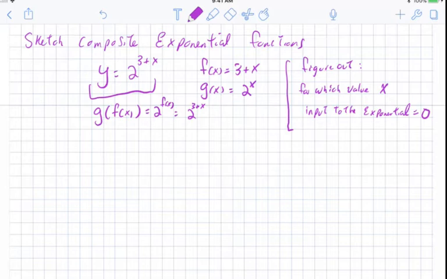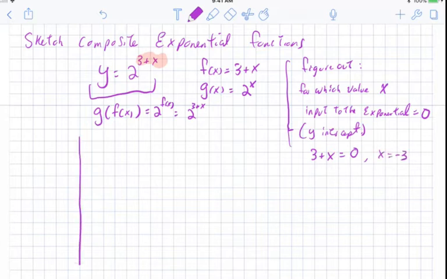What happens when the input to the exponential is equal to 0? I take this expression up top here and I ask which values of x make that equal 0? And the answer is x is equal to -3. What does that tell me? It tells me where the function is going to cross the x-axis.